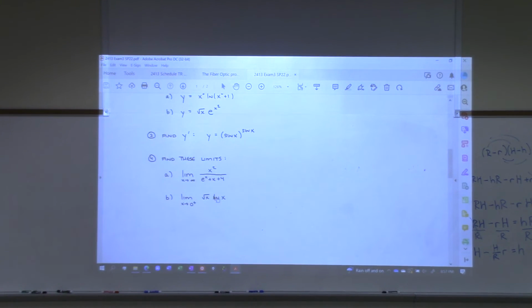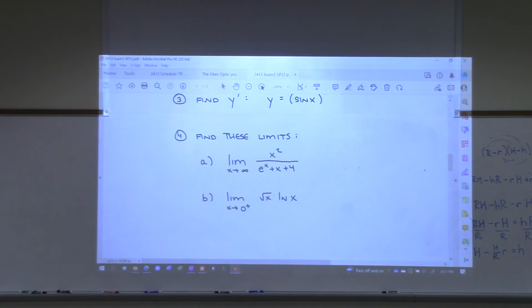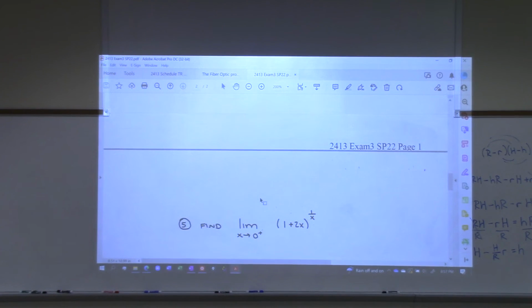Yes? Sir, if related rates is 2.7 and if 3.3 is the exponential log, what's the one after that before L'Hopital? I don't know. Is it 3.5?